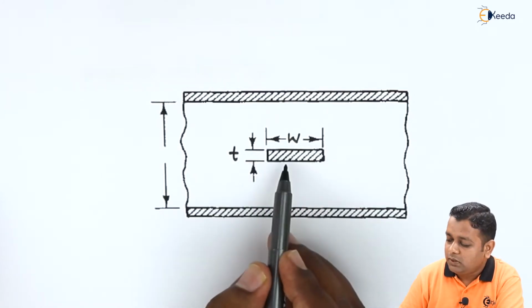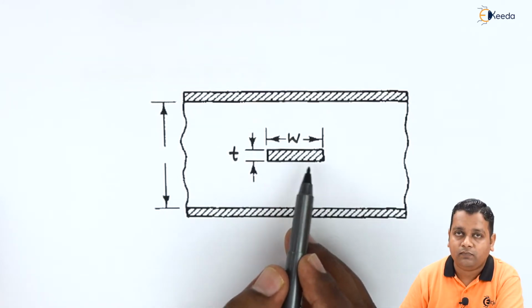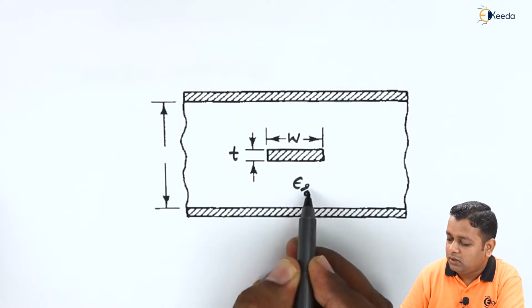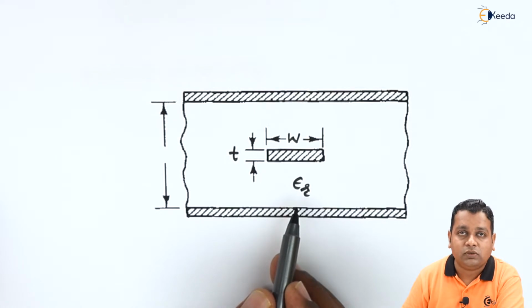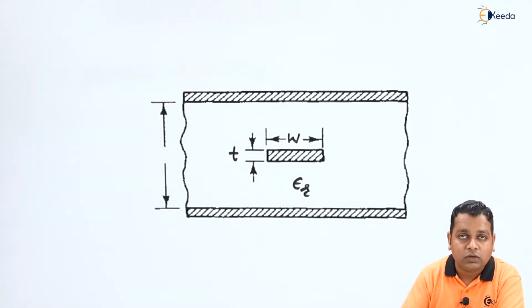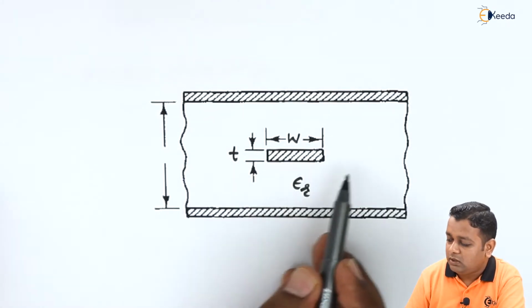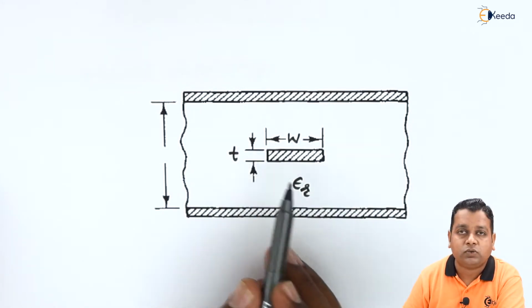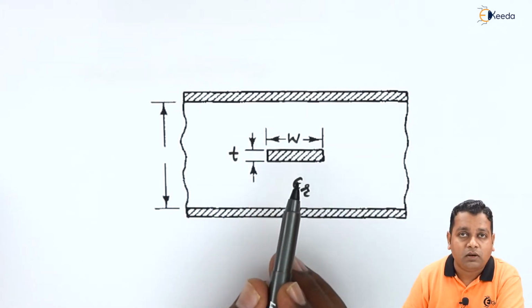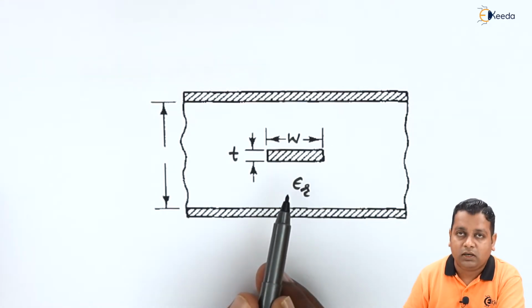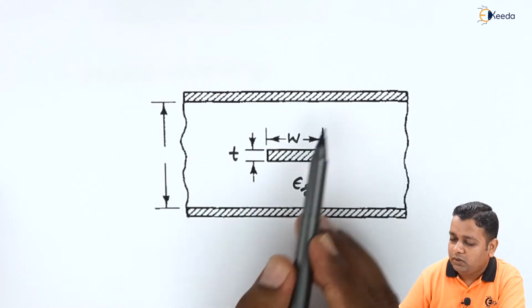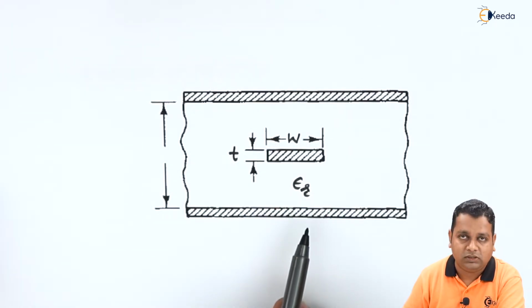This strip conductor is surrounded by the dielectric material represented by the relative dielectric constant epsilon r. In other words, the dielectric material is on all sides of the strip conductor; the strip conductor is embedded inside the dielectric material, which has the ground planes on both sides.